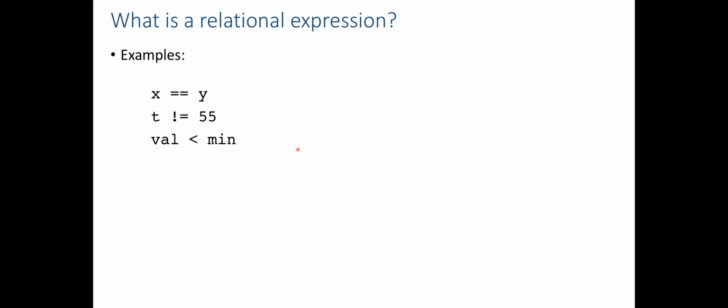So first off, we want to remind ourselves what a relational expression is. We're going to be basically trying to compare two values, whether they're in variables or whether they're constants like this. And where do we see these things in our code? Most often it's in things like if statements.